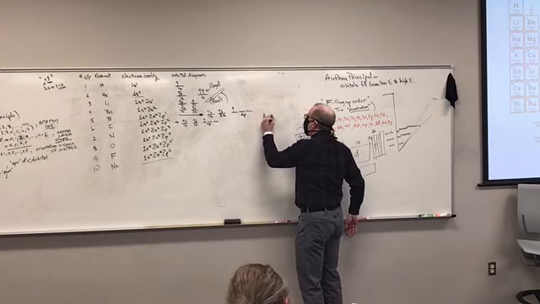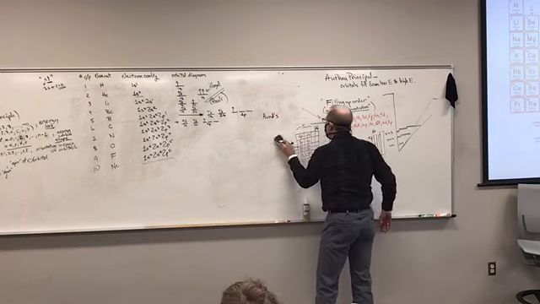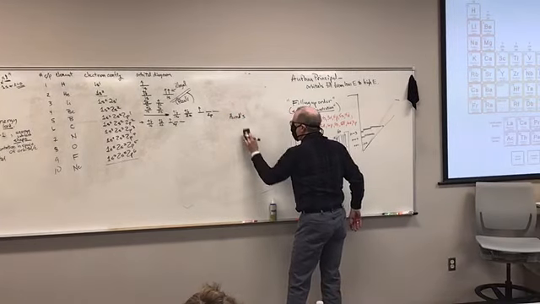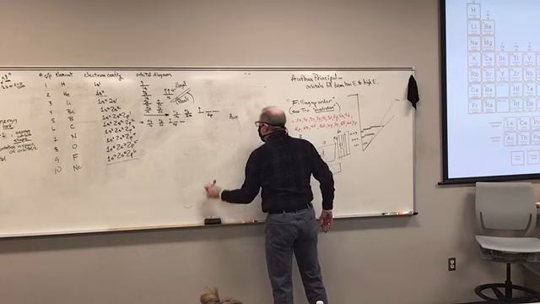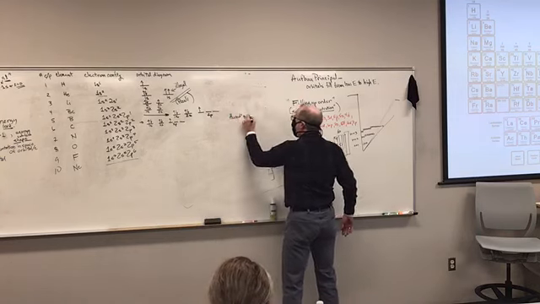This is called Hund's rule. And yes, you're thinking, how does he say Hunt when it's a D? Because he's German. Hund's rule, to be really exact, but Hund's rule.